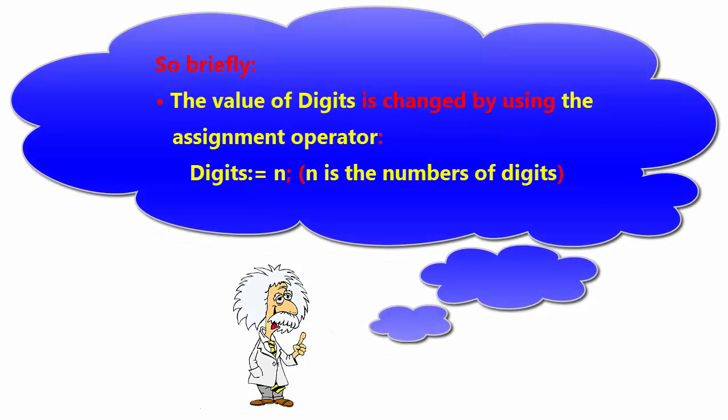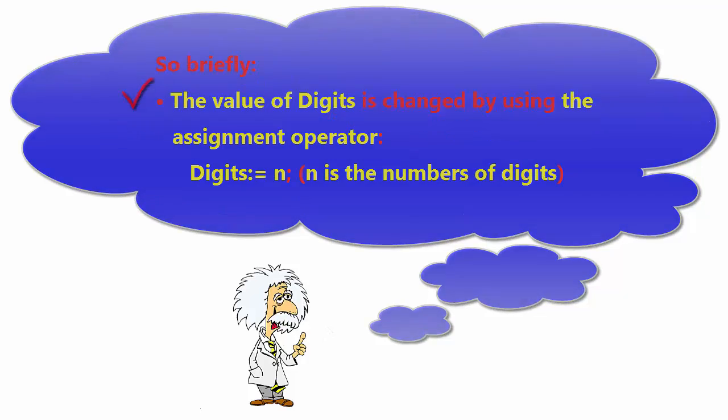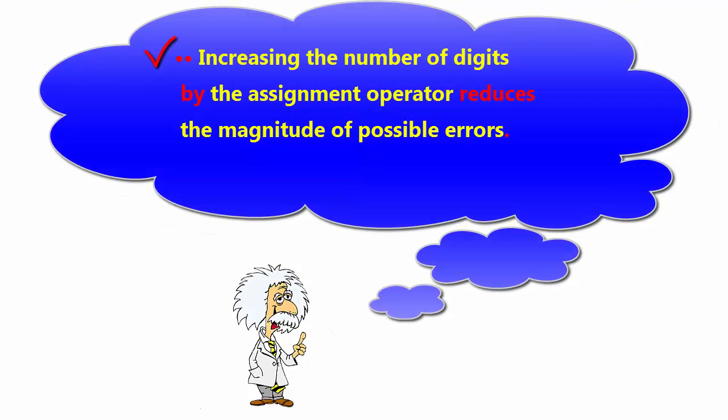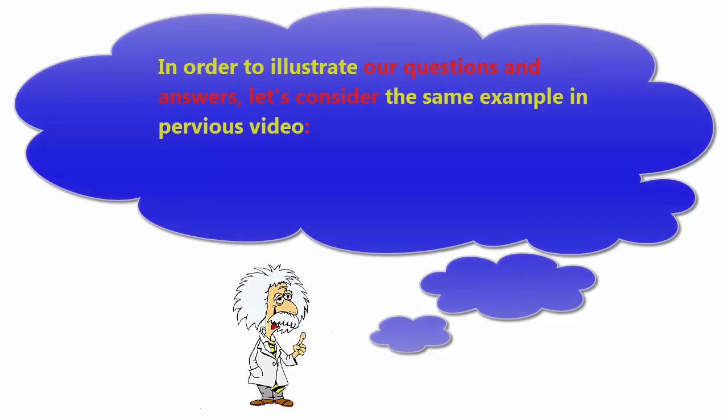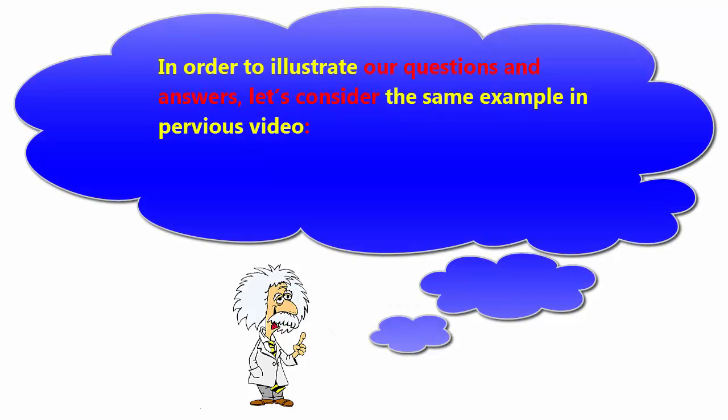So briefly, the value of digits is changed by using the assignment operator, digits equals n. N is the number of digits. Increasing the number of digits by the assignment operator reduces the magnitude of possible errors. In order to illustrate the questions and answers, let's consider the same example as in the previous video.